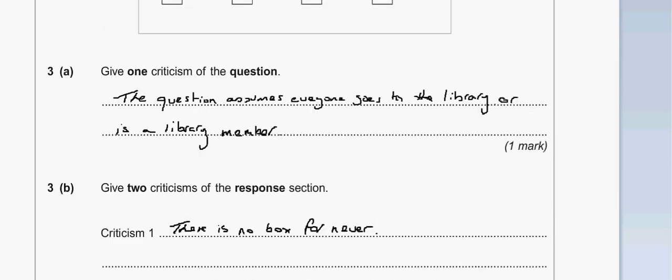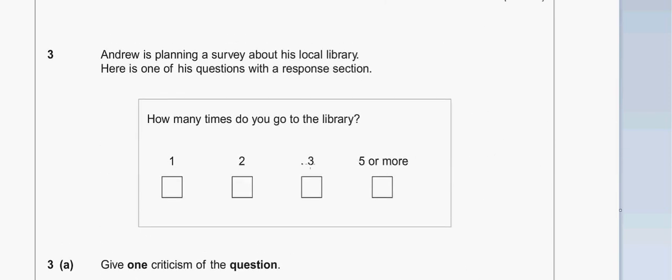Okay, so first, there is no box for never. So whenever you formulate any sort of questionnaire, you should always have a box to be ticked which has never or zero or none. Secondly, if you're going to do something like this, you need to relate it to time, because this is very vague.